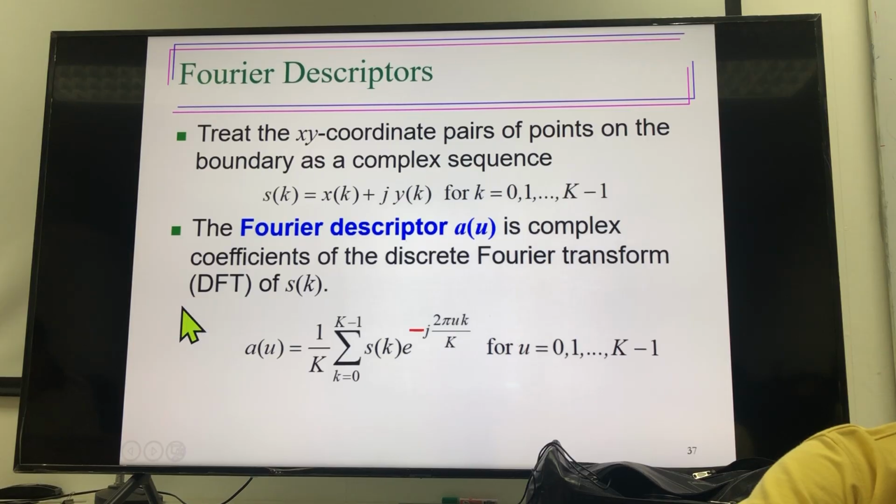This is the discrete Fourier transform. You sum s_k times e to the negative j 2 pi u k divided by capital K, k from 0 to capital K minus 1. Capital K is the number of points on the boundary. You end up with a(u), which is usually complex.